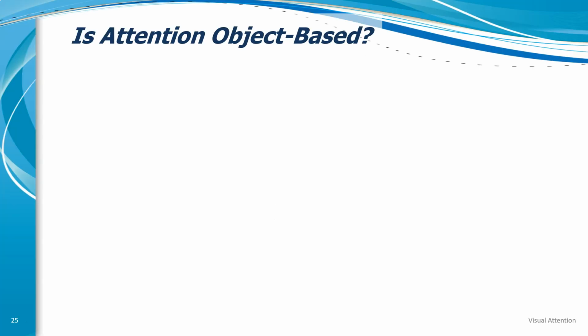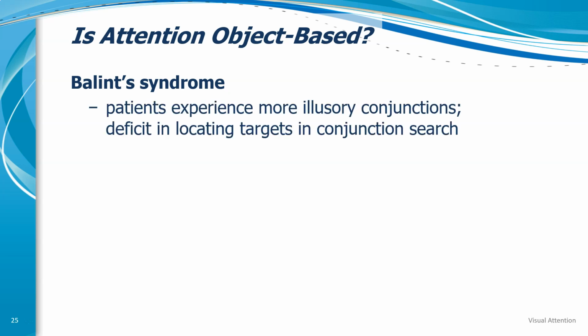So I want to return to Balint syndrome. Again, when people are performing a certain kind of task called a visual search, they experience more errors called illusory conjunctions. Also, when tested, they have a lot of difficulty in something called a conjunction search.